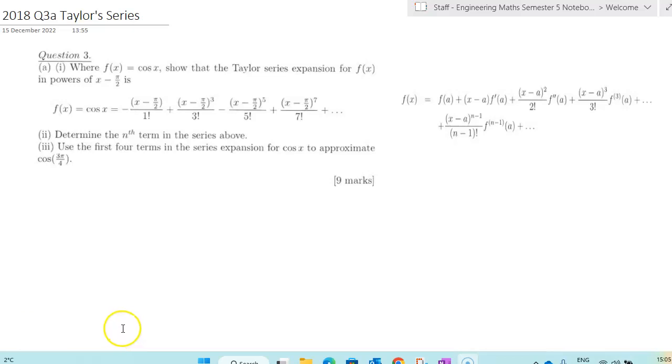Hi, this is a Taylor series question from 2018, January question 3A.